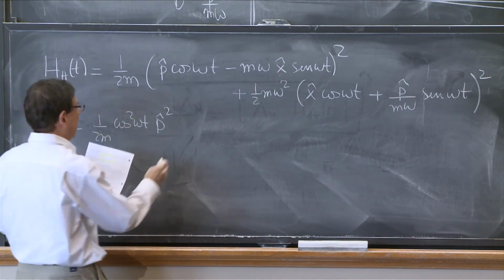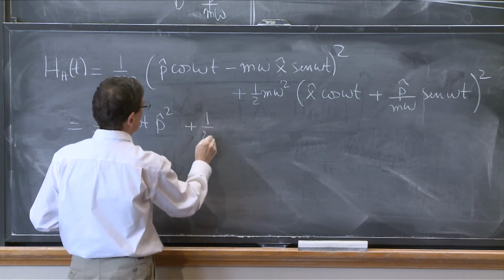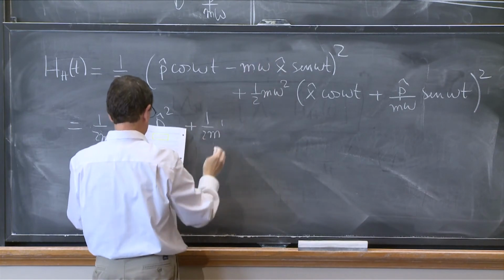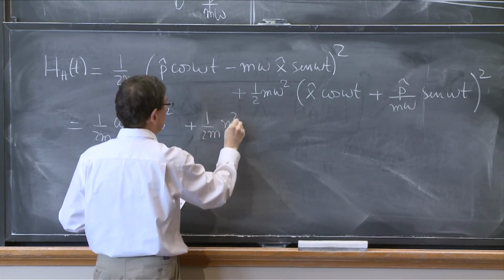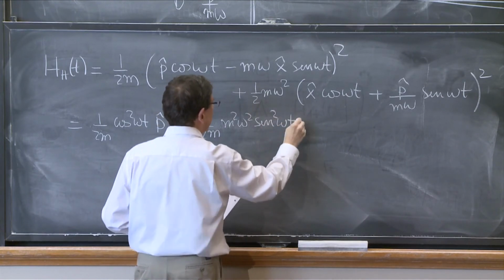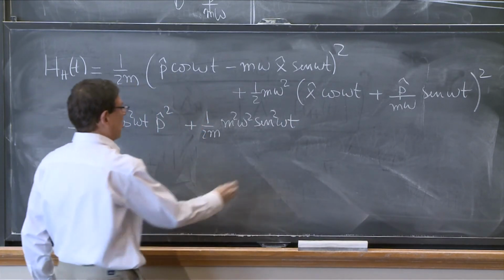Let's do the square of this one. You would have plus 1 over 2m, m squared omega squared sine squared omega t x squared.